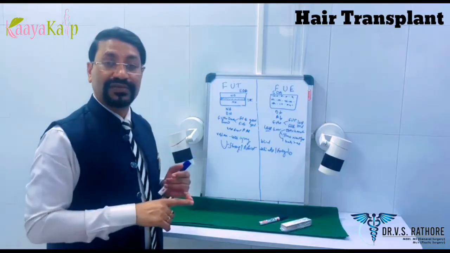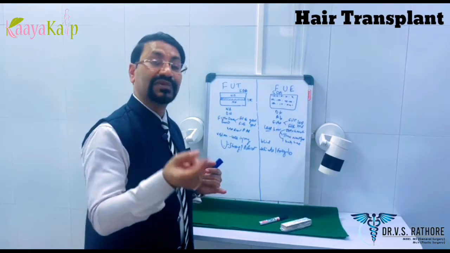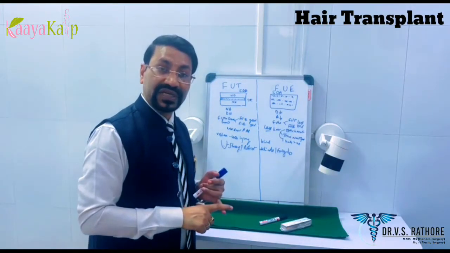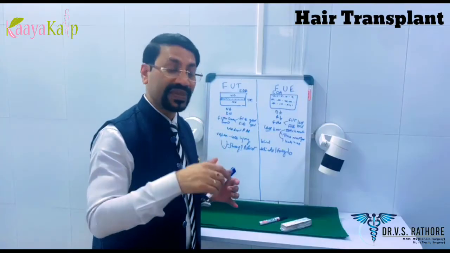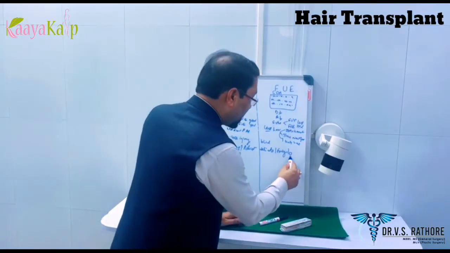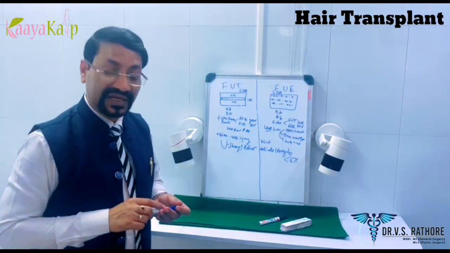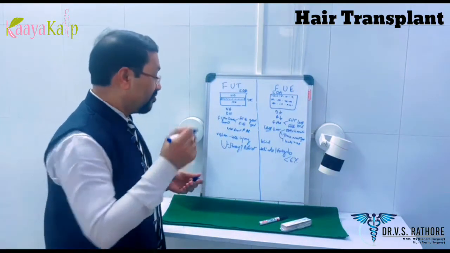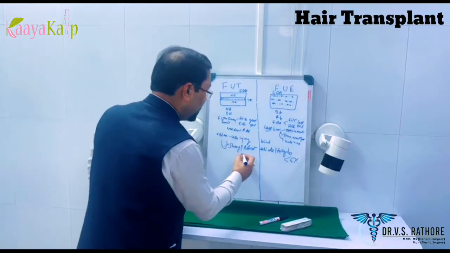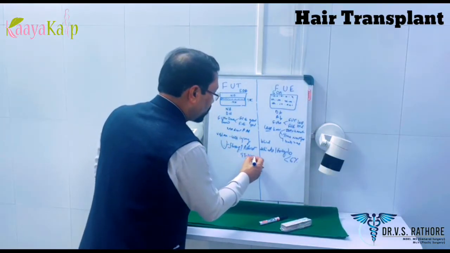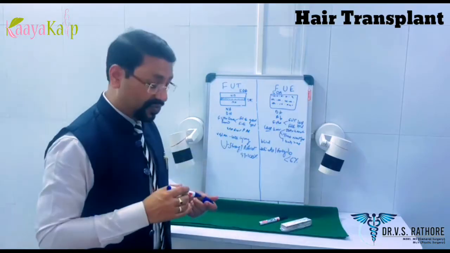If there is macro damage to the FUE hair roots, then even if you have implanted them, they are not going to grow. It has been seen that less than 6% of FUE hair do not grow, while in case of FUT, 99 to 100% will grow.